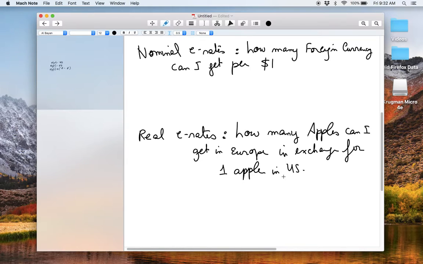Or when we said nominal versus real wages, right? Nominal wages is how much you get, what's your salary. Real wages is how much can your salary buy in goods, right? So nominal and real exchange rates, one is in currency, one is in goods, okay? So with nominal exchange rates, it's always foreign currency per domestic currency.